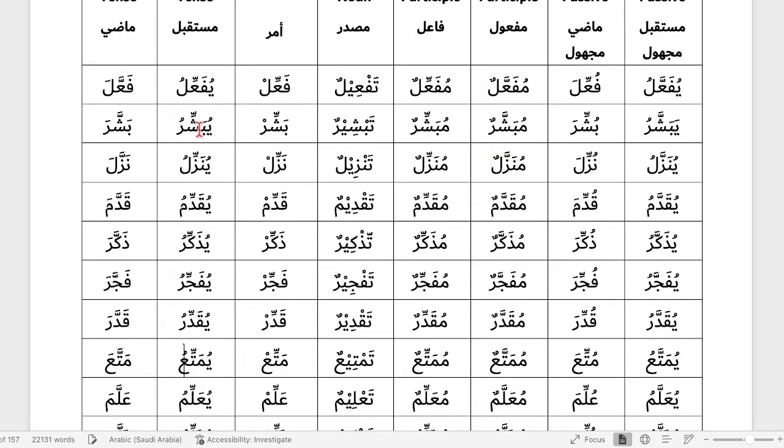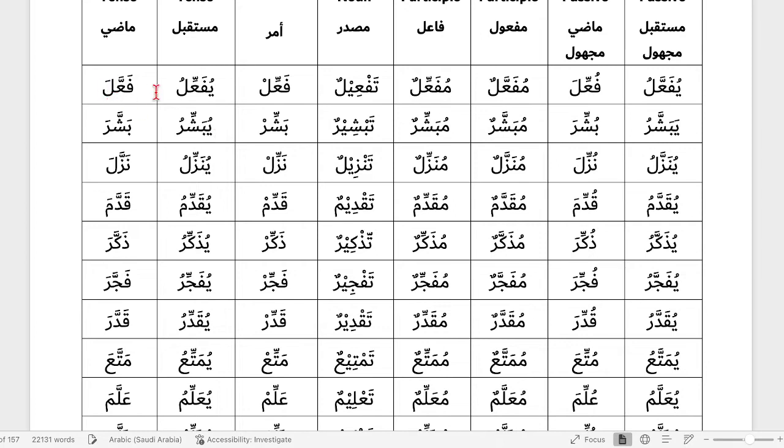So here are some examples. Bashshara, yubashshiru. You see that all these verbs follow the same pattern. Bashshara, yubashshiru, bashshir, tabshiirun, mubashshirun, mubashsharun, bushshira, yubashsharu.